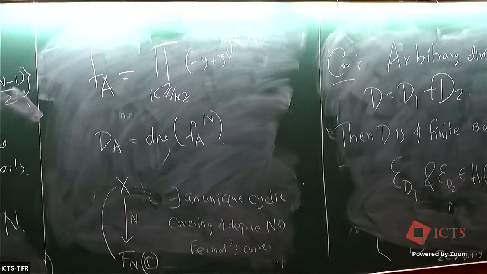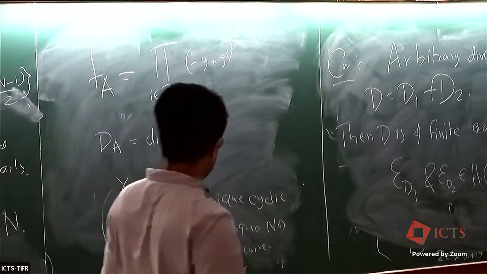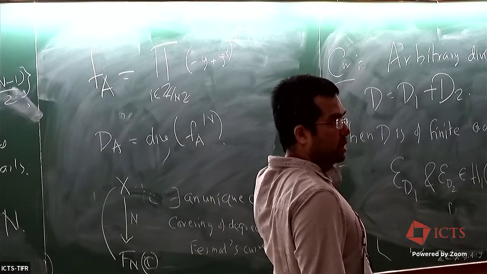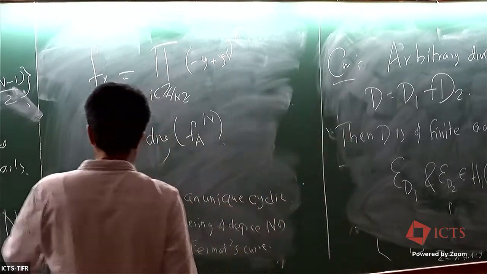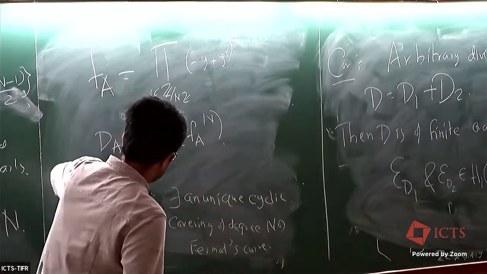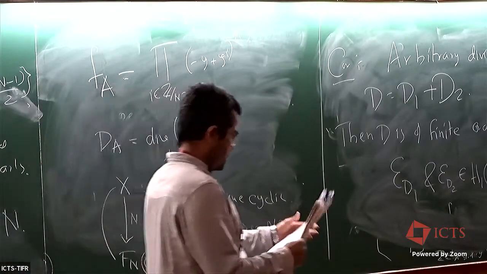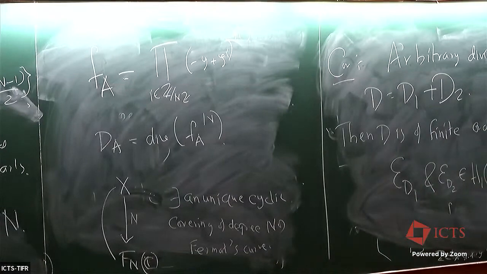Okay, so this Heisenberg curve is the curve corresponding to the gamma upper n that I defined. And this is going to be the degree n covering of the Fermat's curve. Okay, this is our theorem.